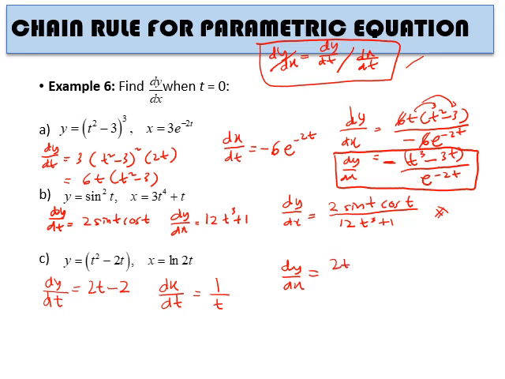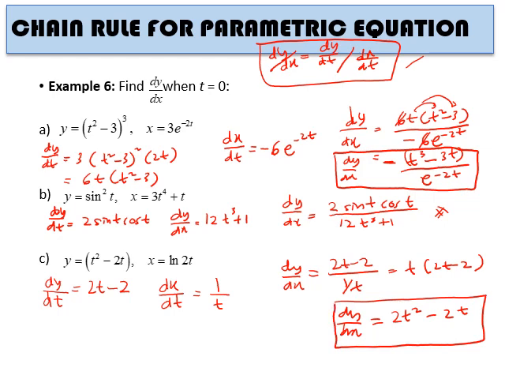So 2t minus 2 divided by 1 over t. So it's actually t(2t minus 2). You can just stop there, or you can write it again. It is 2t squared minus 2t. So this is the final answer.